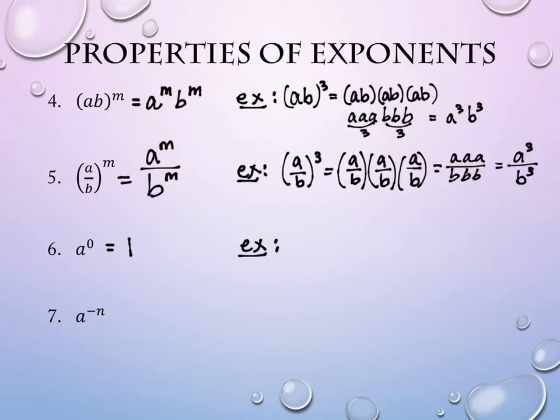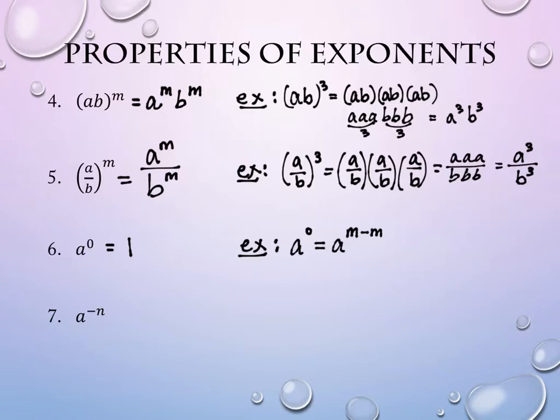So we're going to take the a to the 0 and we're going to write it in what seems a funny way. We're going to write it as m minus m. So hopefully you're looking at it and you're like, well, yeah, but why? It's true.